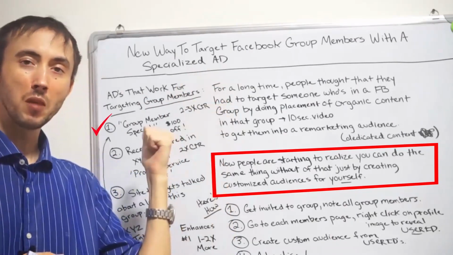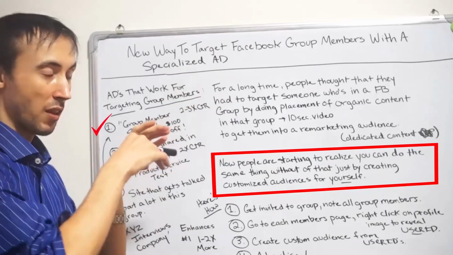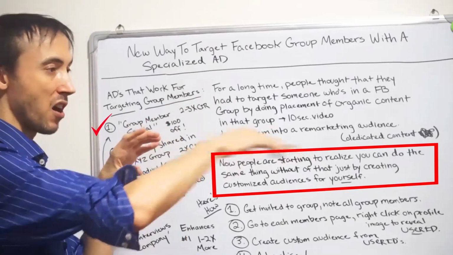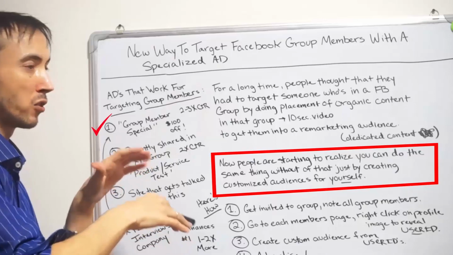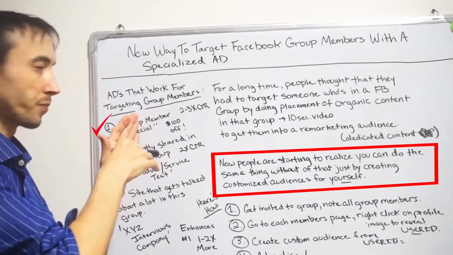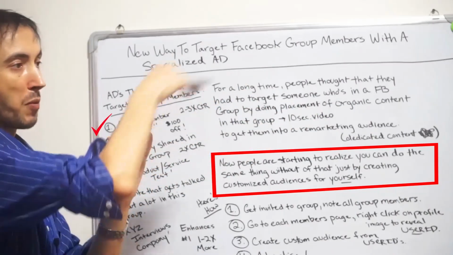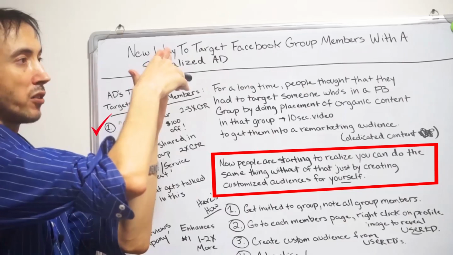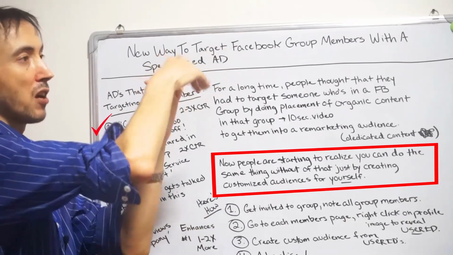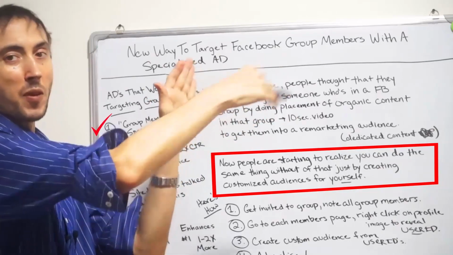You can use something about the group there, and also, like I told you before, you can have a custom audience for each group, so that your ad can say, Sewers Unite group member special, and then for your group number 2, Sewers Paradise group special, this month only. You get the point.